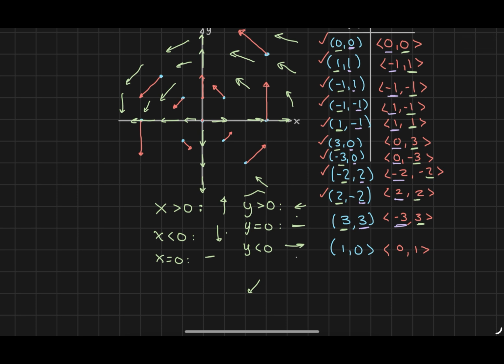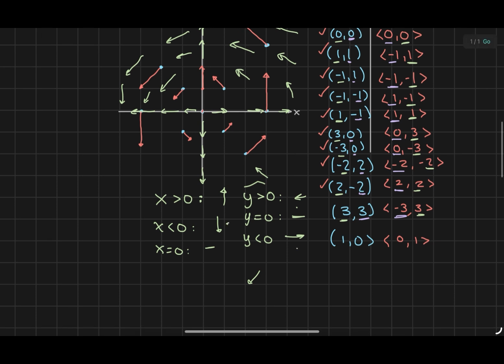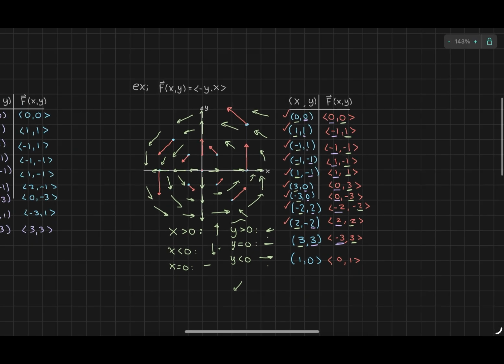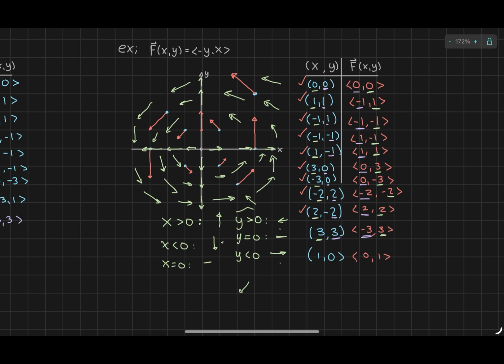It looks like it's going to be down and to the right. And finally, if our x is positive, it's going to go up, and if our y is negative, then it's going to go to the right.